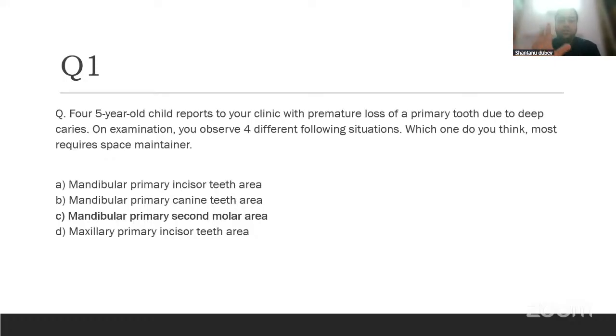Patient is 5 years old, and the first permanent molar comes at 6 to 8 years, we'll take a range. 5 year old, he has lost E. So if we do not give a space maintainer, then the 6 would migrate into E space, which has to be succeeded by the premolars, and there won't be space left for the premolar. So the first space maintainer that needs to be given is primary second molar area.